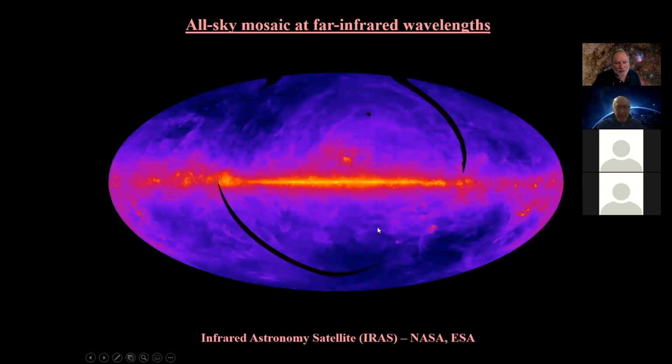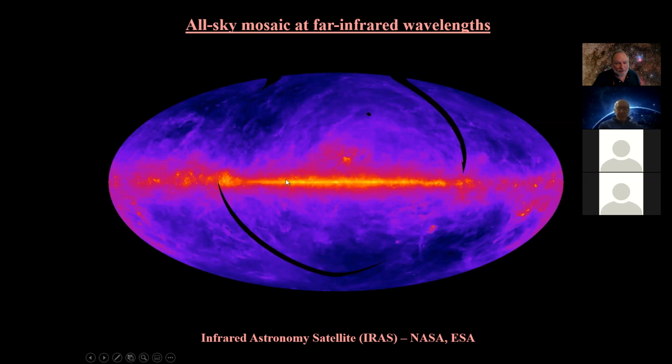Here is what I'm going to be focusing on. It's the far infrared view of the Milky Way. It's a mosaic. It took, I'd say, more than a decade to really get put together by the IPAC folk at Caltech and JPL. But you can clearly see that it's dominated by this line of emission.